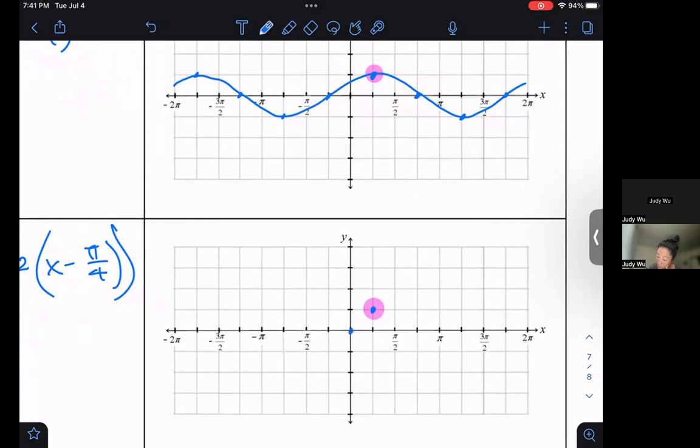So only one box away instead of 2 boxes away. Now these 2 points are 4 boxes away, and half of 4 is 2, so now they're going to be down here. And I just keep continuing that pattern until I've filled out the grid. Then I go ahead and connect everything.